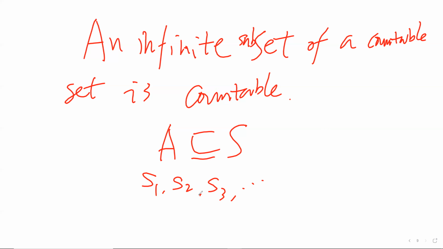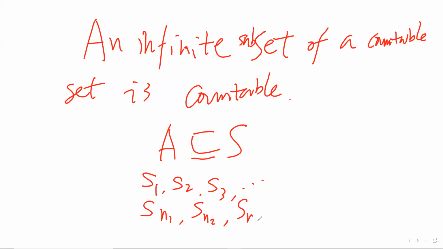Once we have this sequence S1, S2, S3, we can test whether S1 is in A, and then we test if S2 is in A, S3 is in A. We will eventually find the first element that is in A, and then we will encounter the second element that is in A, and so on.